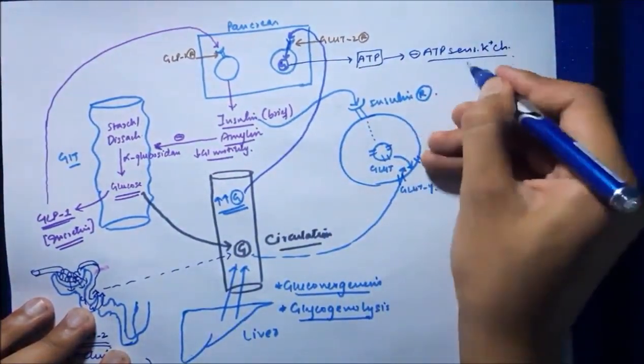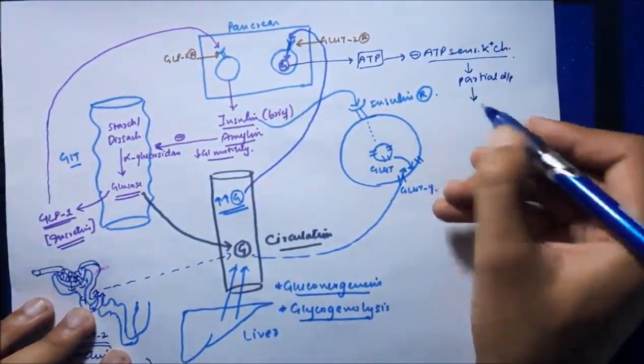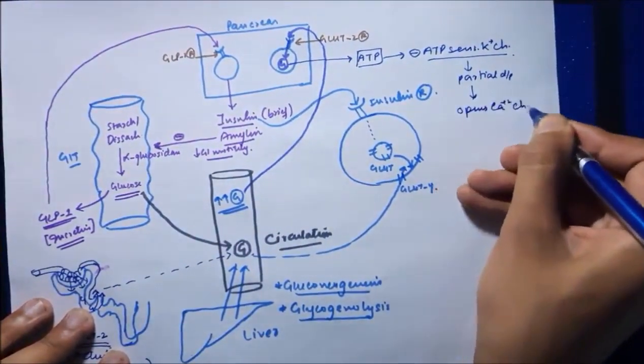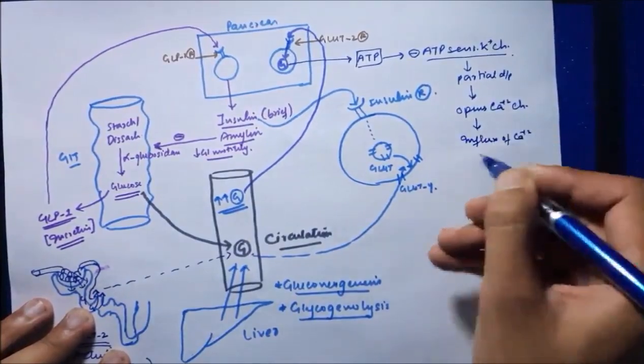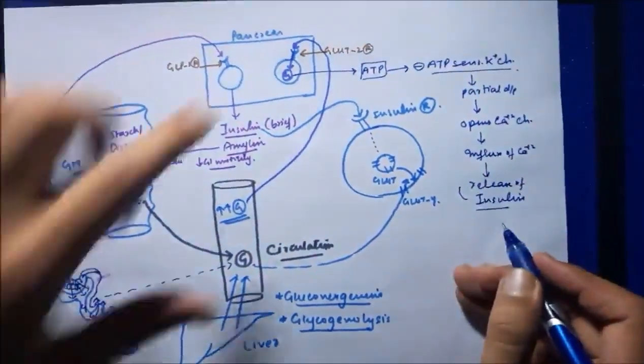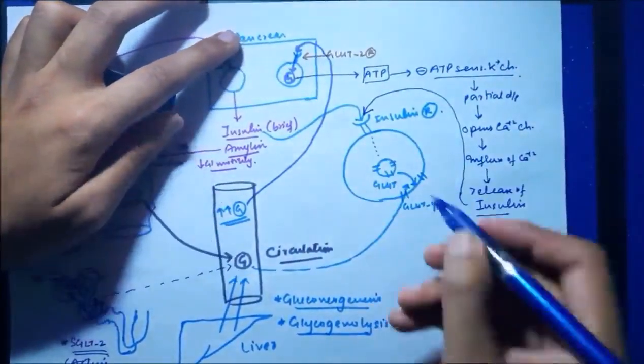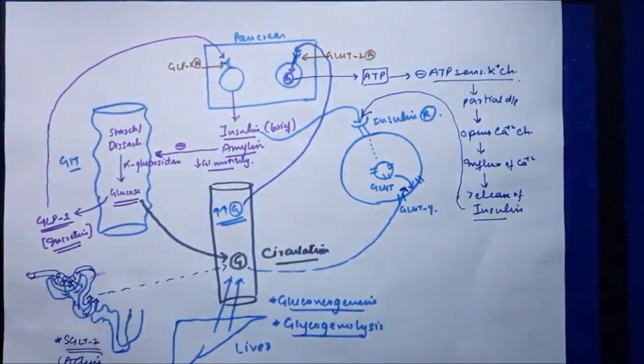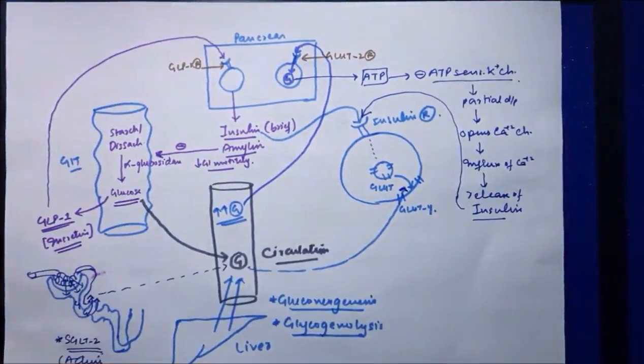As a result, there will be partial depolarization of the membrane of beta cells, which will result in opening of voltage-gated calcium channels and influx of calcium, and this influx of calcium will cause release of further insulin. This insulin will be more in amount and it will stimulate insulin receptors, which will be responsible for taking up most of the glucose present in circulation, and this will prevent hyperglycemia in the body.